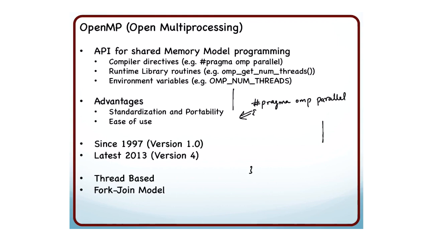There's a single thread that is executing. So let's say OMP_NUM_THREADS is set to 4, right? So what will it do? At this point of time, it will launch 3 new threads, and one of the threads is going to be the thread which was already executing, right? So this thread which was already executing continues on as one thread, and 3 additional threads get launched at this point in time.